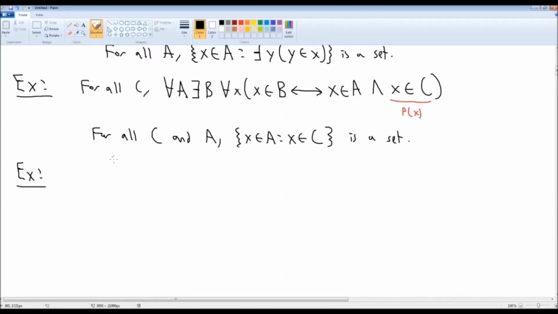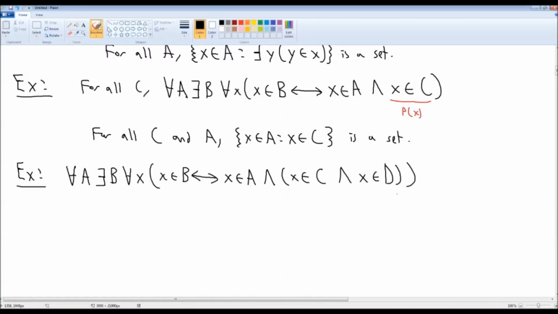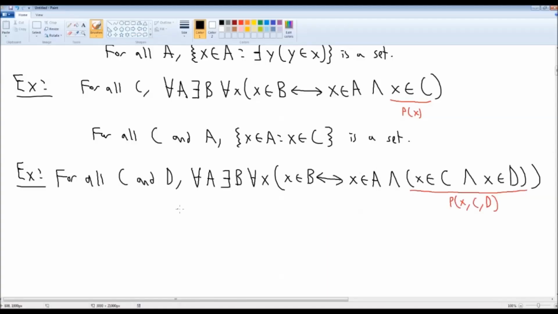Let's look at another example. This is also an axiom of set theory. Besides X, our property depends on two other variables, C and D. Just to be super clear, if we want to, we can write our property like this to show that it depends not only on X, but also on C and D as well. Either notation's fine. You may have noticed that our C and D are technically free variables in this formula. So what this really means is that for all sets C and D, this is true.